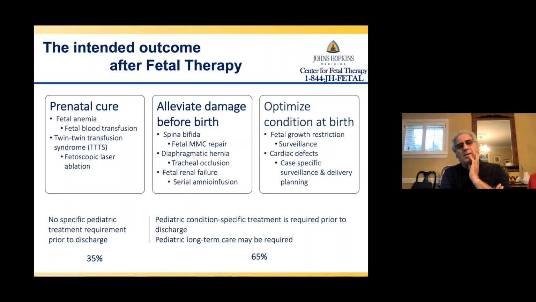And so here are therapies where we try to alleviate that. And then there are some other circumstances where you can't do anything prenatally, but just by optimizing the delivery circumstances and the delivery timing, you still derive a benefit for the baby. So that's also the treatment categories.